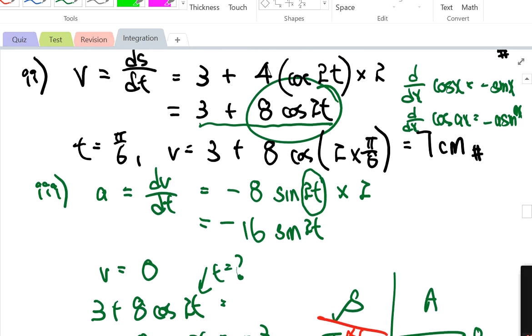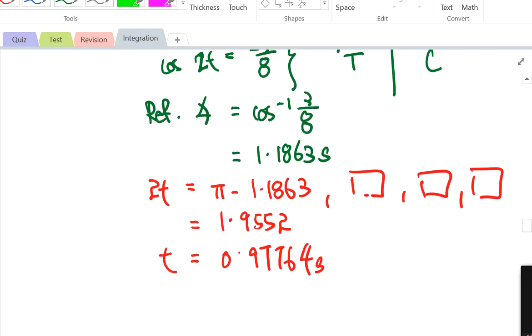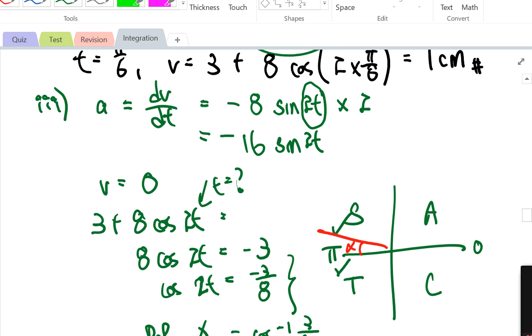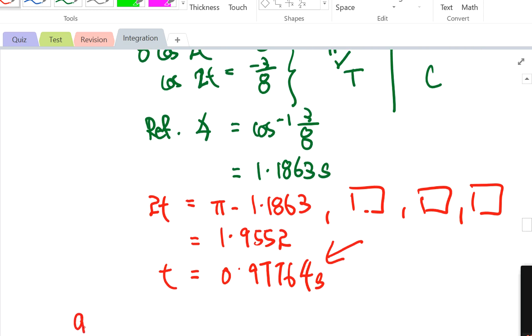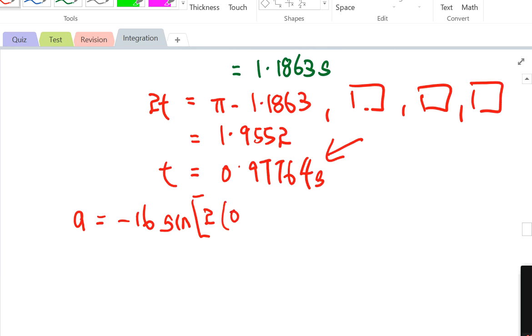Our job is to find the acceleration when it first comes to rest. When does it first come to rest? 0.9776 is the first timing that it will stop and rest. But we need to find out what is the acceleration then. So let me substitute inside, and then press the calculator.